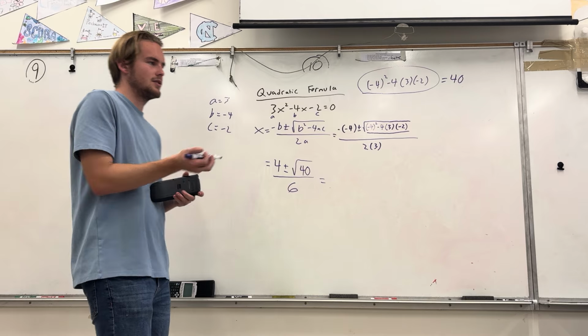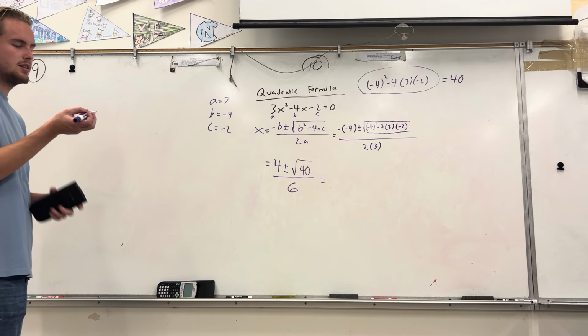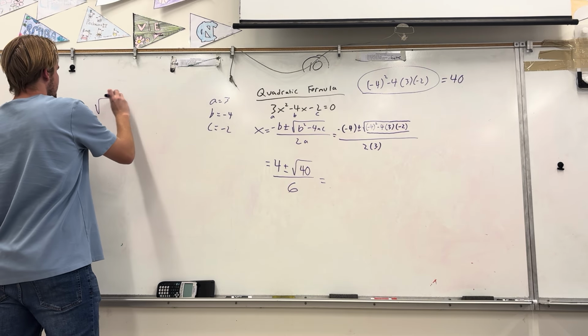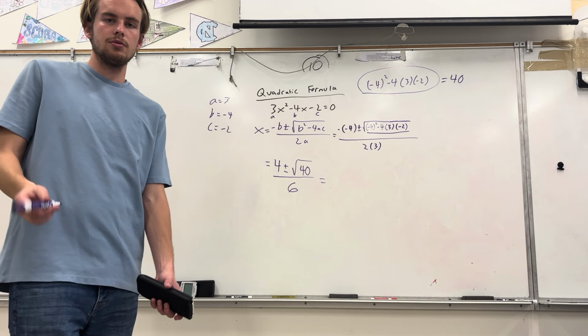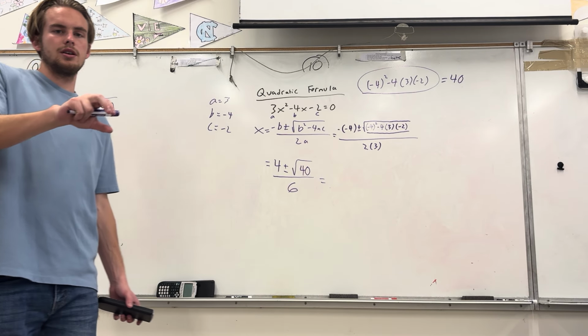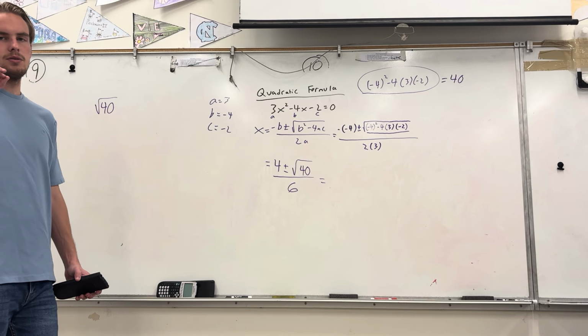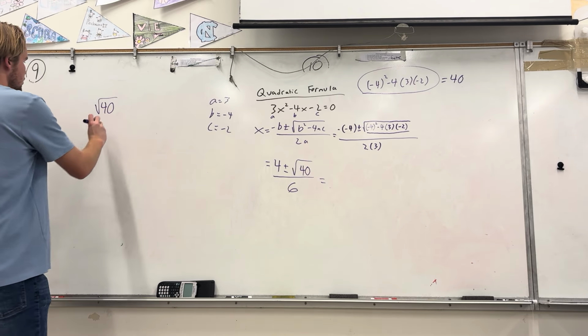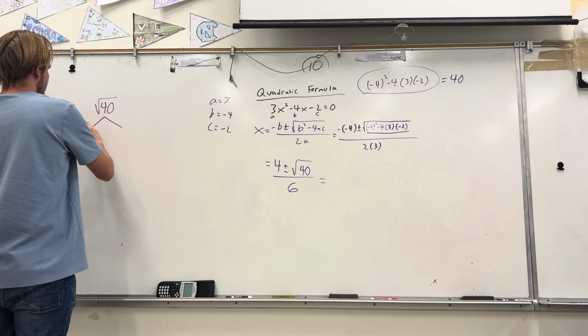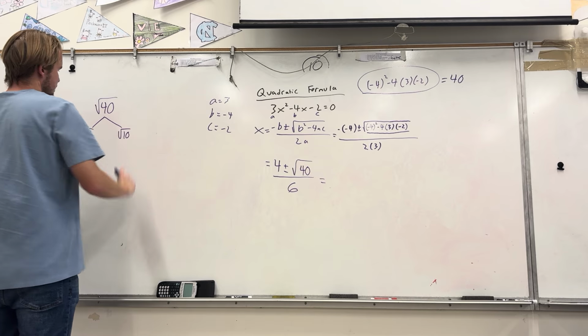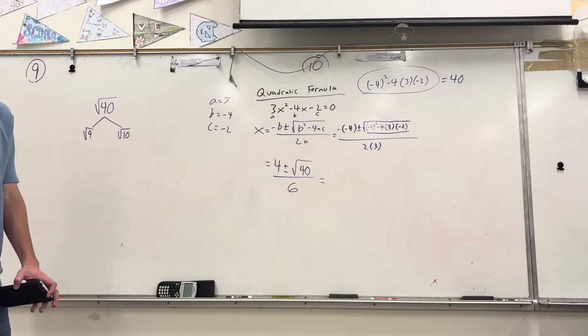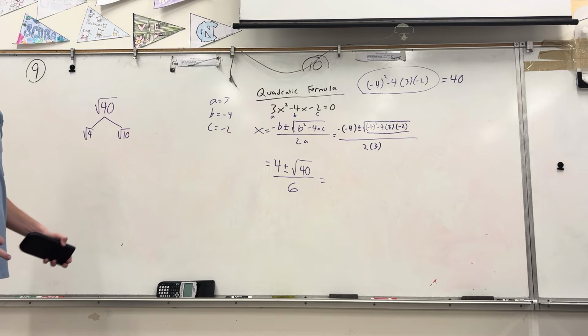I'll just do this off to the side. Hopefully you can do this in your head at this point. The square root of 40. 40 is not a perfect square, but can we write it as a perfect square times another number? And you should be thinking, yes, you can. We can rewrite this as the square root of 4 times the square root of 10, since 4 times 10 is just 40.